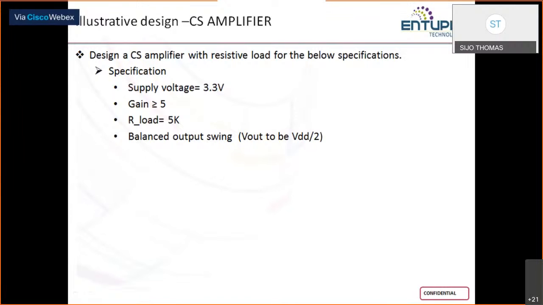We are looking for a balanced output swing for faithful amplification, so we are taking the output potential at VDD by 2. The power dissipation, which I missed specifying, is less than or equal to 1 milliwatt. Okay, if you move to the next slide.